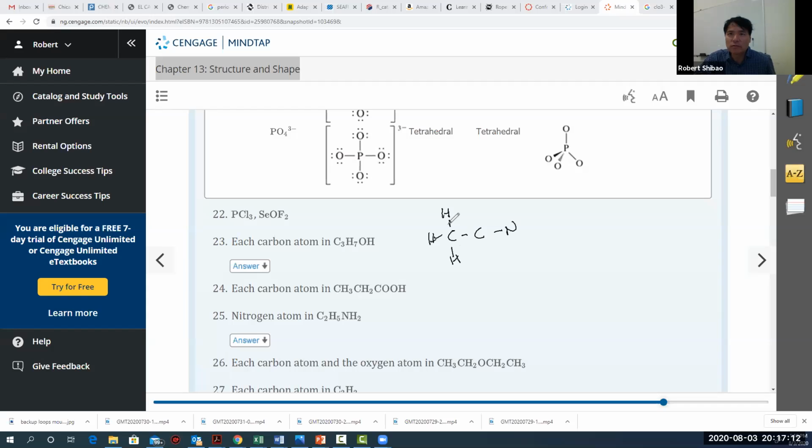Carbon likes to form 4 singles, or 1 double and 2 singles, or 2 doubles, or 1 triple and 1 single, when it's neutral, when there's no charge. There shouldn't be any charge here. So that's 3, 4 hydrogens, 5 hydrogens, and then N, and then this one should have, let's say, 2 hydrogens here. Okay, that's it.